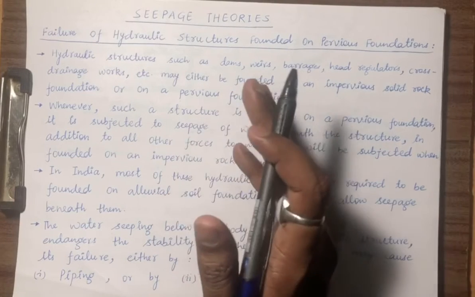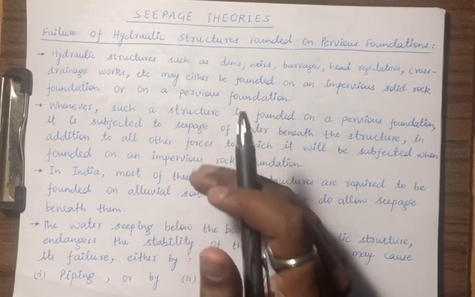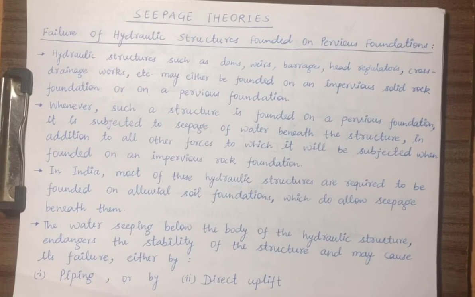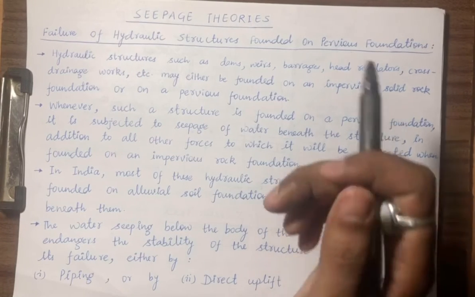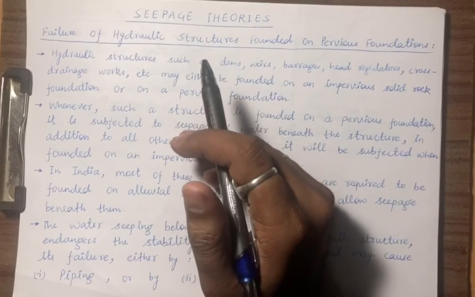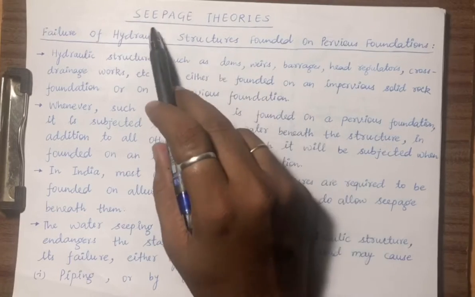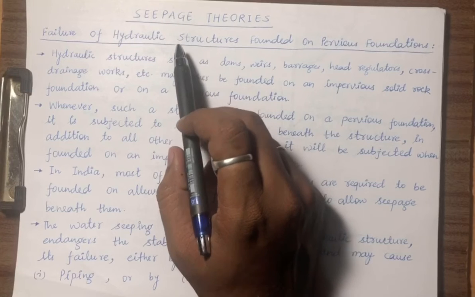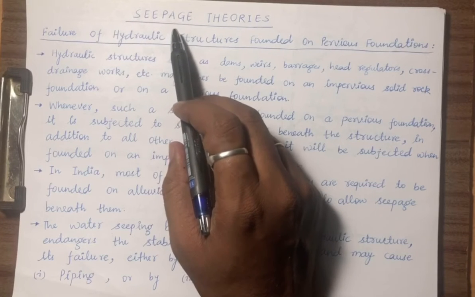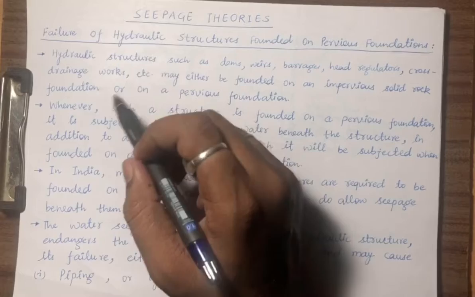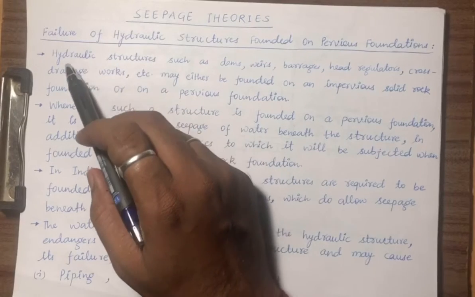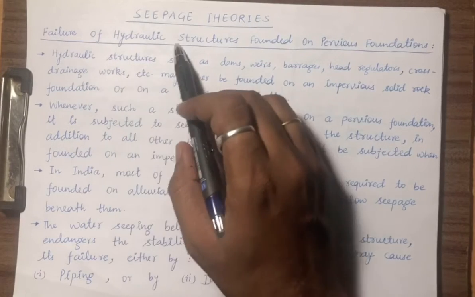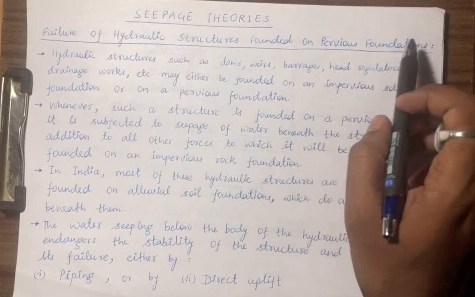And our hydraulic structures are very heavy structures, and these are constructed over soil only. So in order to check the stability, we have to look for the failure of the structures which are made above the soil. So failure of hydraulic structure founded on a pervious foundation.